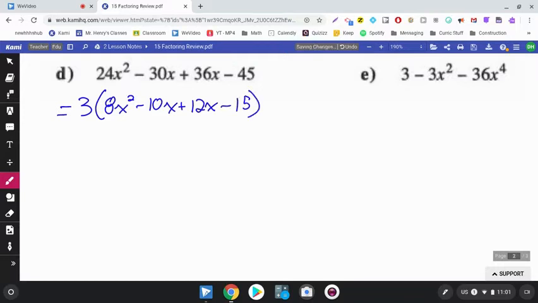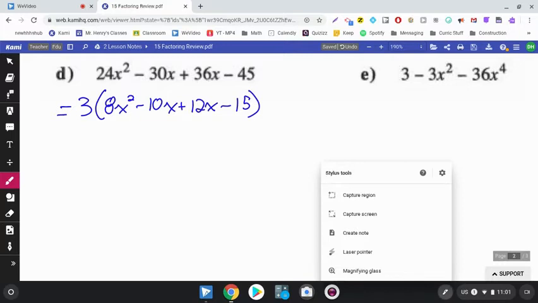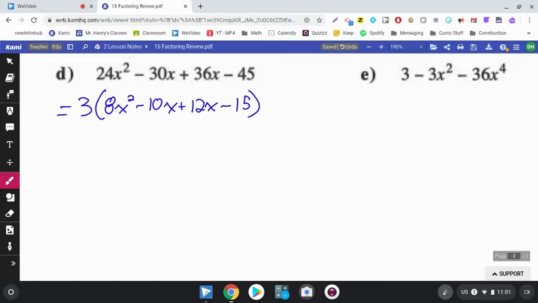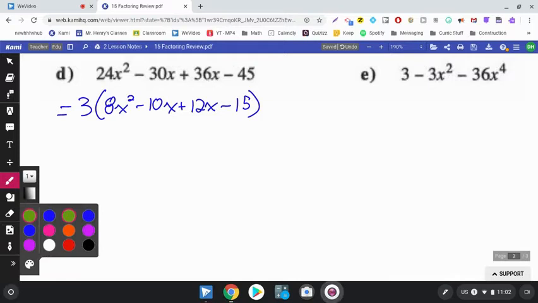So still awkward in the middle because I would normally just combine those terms, but whatever. It's got 4 terms in it. The only way I know how to factor with 4 terms is grouping. So if I ever have 4 terms, I can always do grouping. I don't have to worry when I get 4 terms because I can always group.